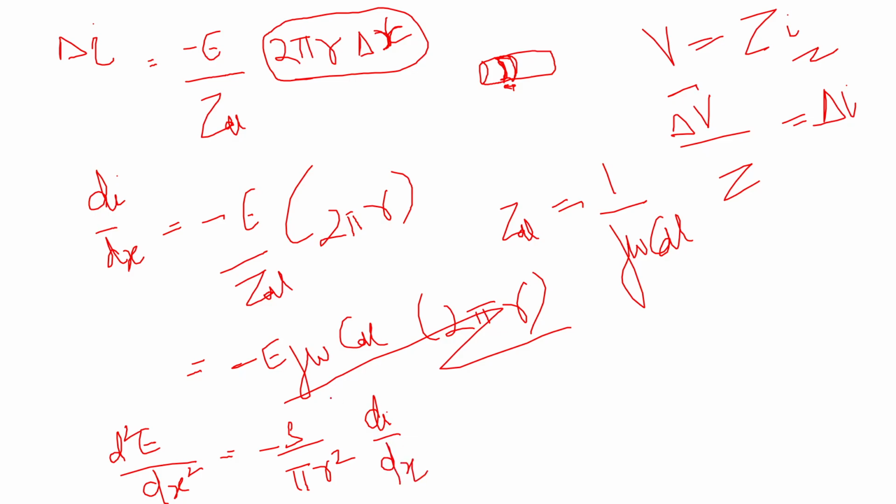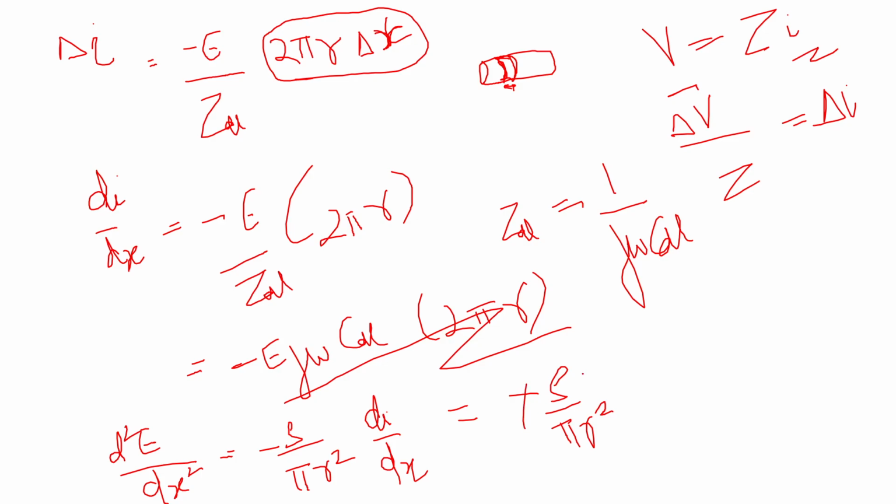And from above, you know di by dx is minus E into j omega CDL into 2 pi r. Okay. Substitute that. You have another minus. di by dx is minus of.